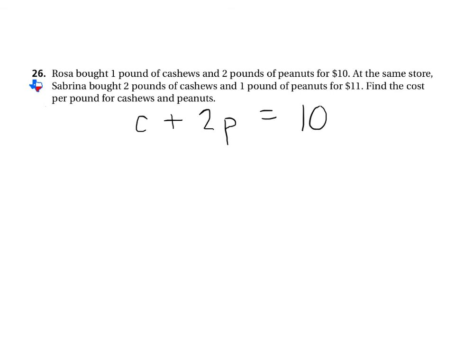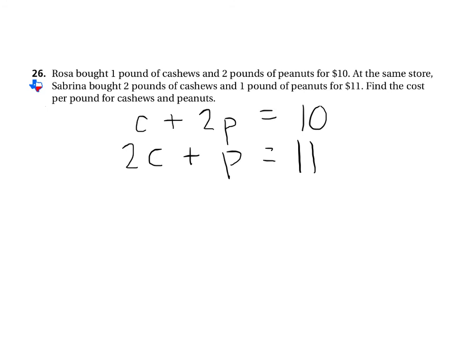And at the same store, Sabrina bought 2 pounds of cashews, so 2C, plus 1 pound of peanuts, so just P, for $11. So then you would need to find the cost per pound for cashews and peanuts. So to do this, you would use elimination.